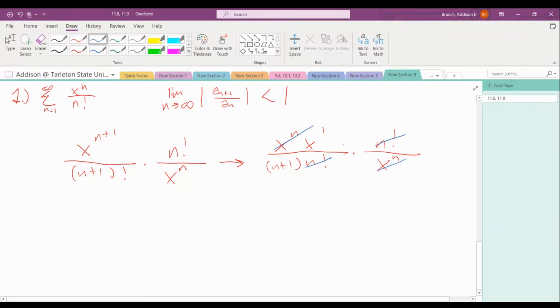Now we can plug in our limit: the limit as n approaches infinity of x over n plus 1 is less than 1. Typically when we do this, we pull out any grouping of x to make it easier to find our limit, so we pull out the absolute value of x.